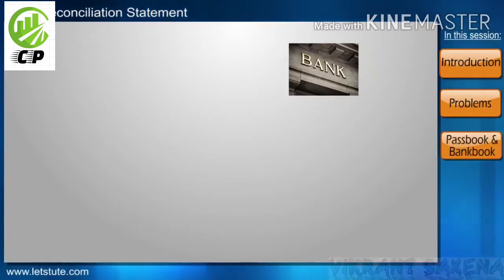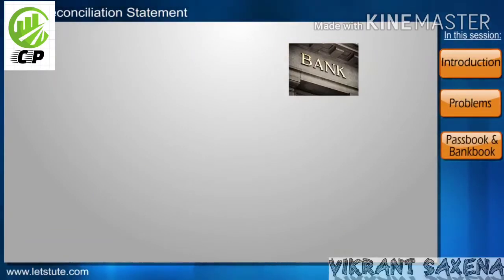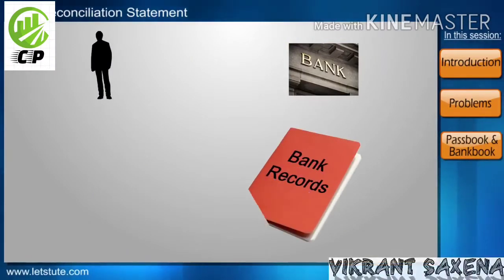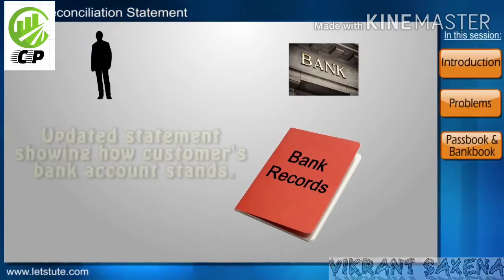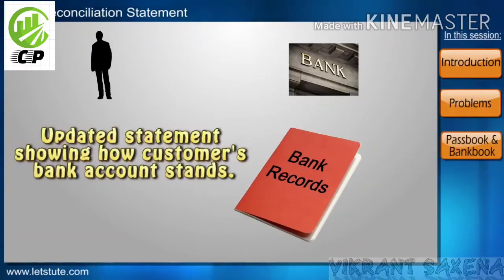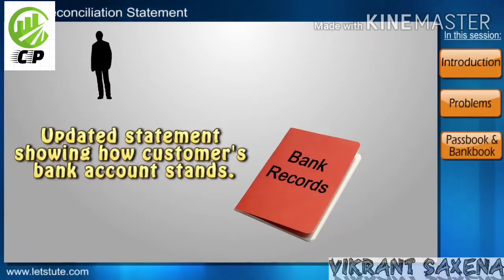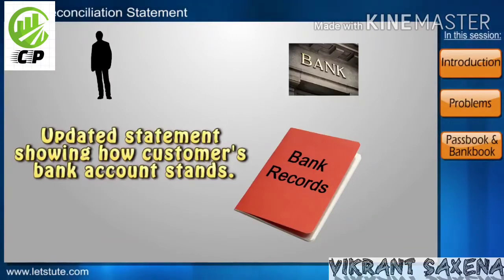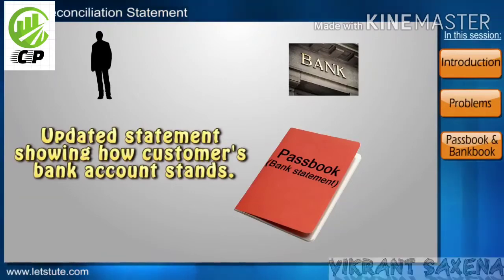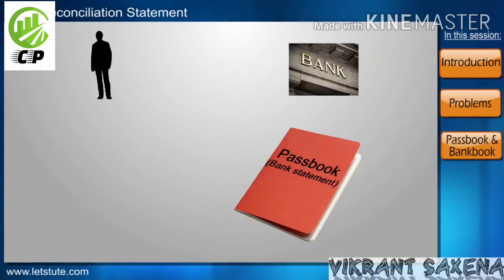And to check such transactions, a bank needs to send its customers a regularly updated statement showing how his bank account stands in their books. This statement is called the passbook or the bank statement.